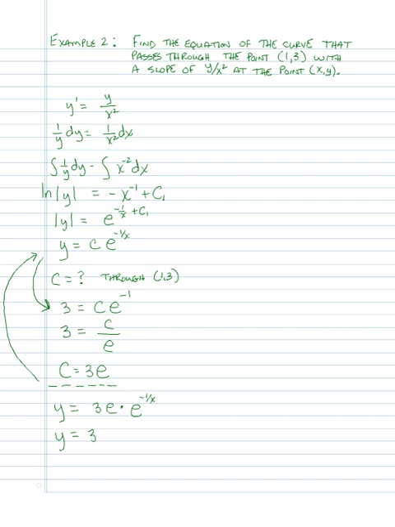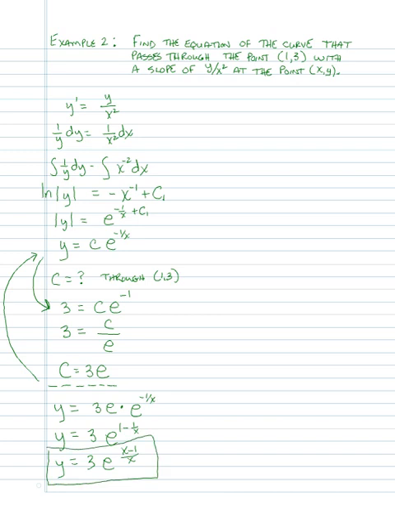So this ends up being 3 times e to the power 1 minus 1 over x. That's the two powers basically added together. And 1 minus 1 over x can be simplified. Since 1 is x over x, this becomes e to the power, replace 1 with x over x, so we have the fraction x minus 1 over x as our power on e. And that's the particular solution.